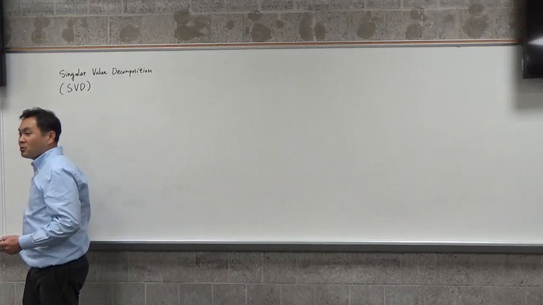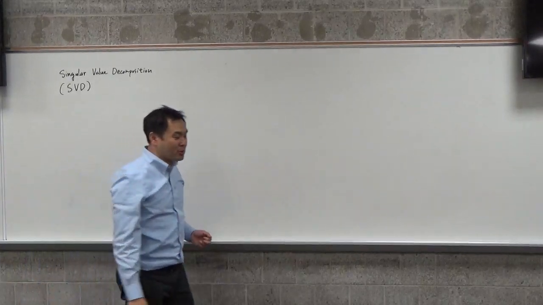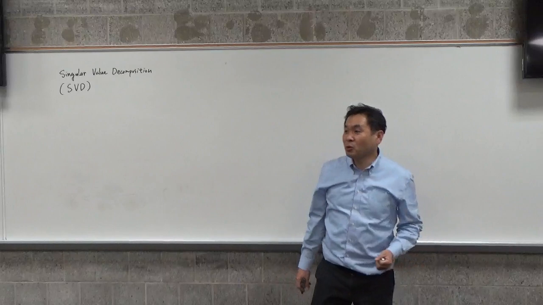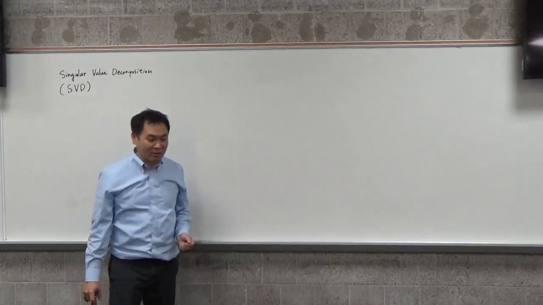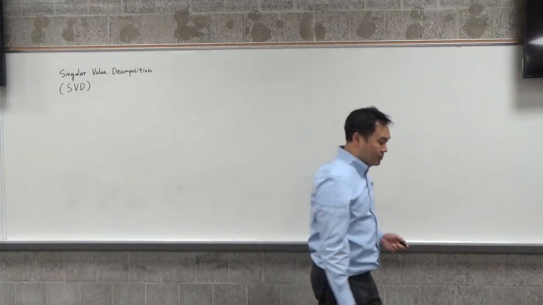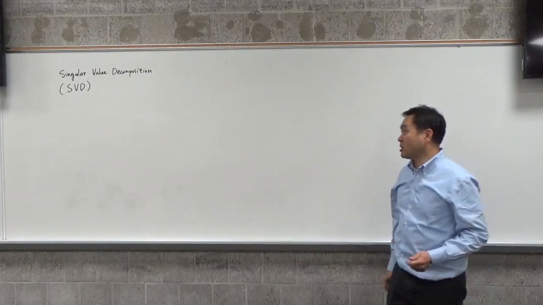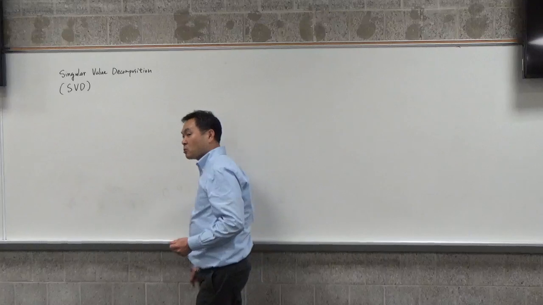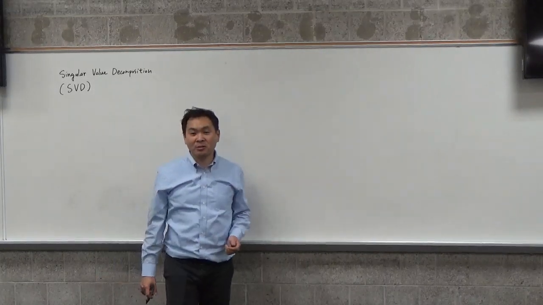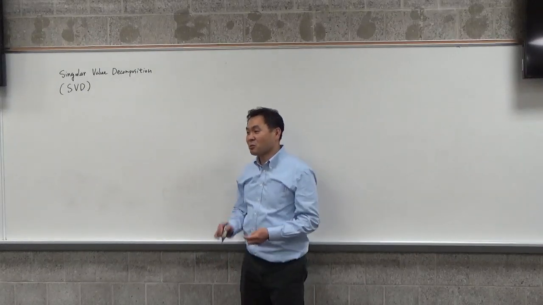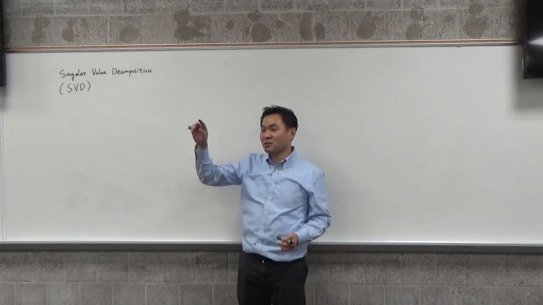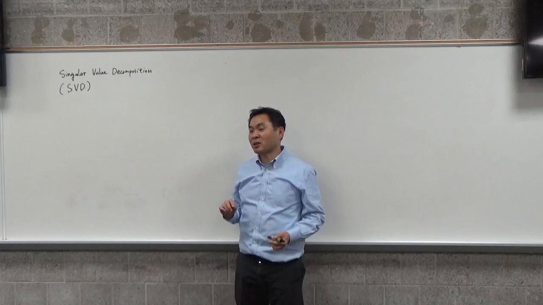The two very important theorems in linear algebra are both related to diagonalization, not surprisingly. One you already have seen, it's the Jordan normal form, where it says in most cases you can diagonalize, but there are some cases where you can't because you don't have enough eigenvectors.